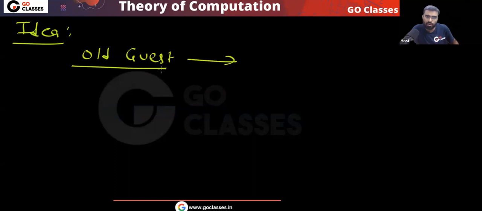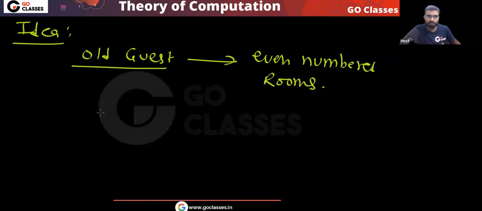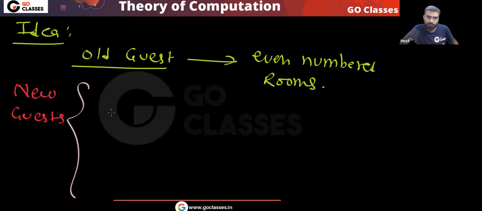The idea is simple. The old guests have gone to even numbered rooms. All the old guests, you just put them in the even numbered rooms. And where will you put the new guests? Now let's see the new guests. If you have a bus A1, where will you put bus A1?